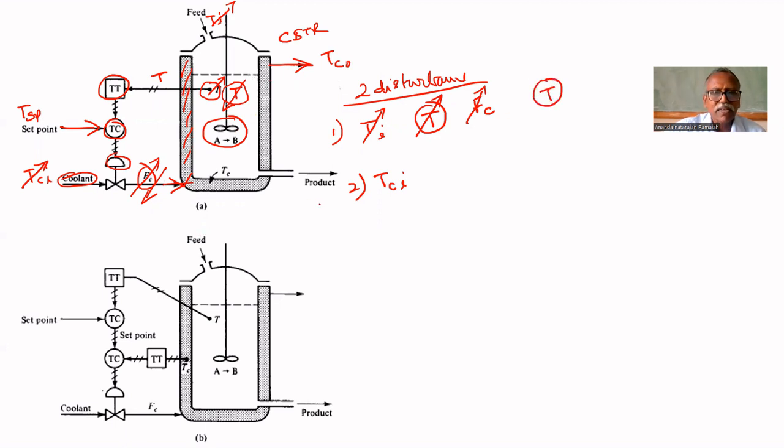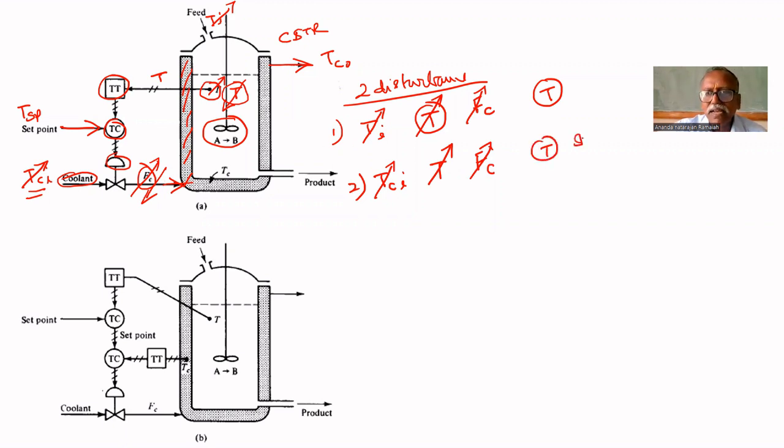In the second case, as the coolant inlet temperature increases, because of the higher temperature, it can remove only a lesser amount of heat. That's why T will increase. But in that case also, we increase the coolant flow rate, which will control T. This is an indirect effect.